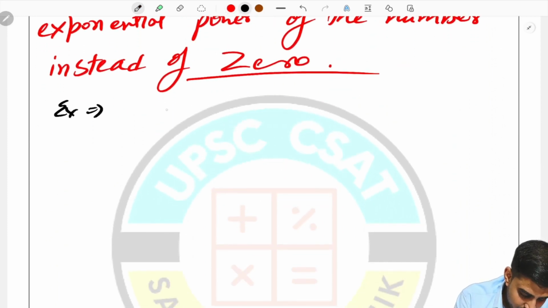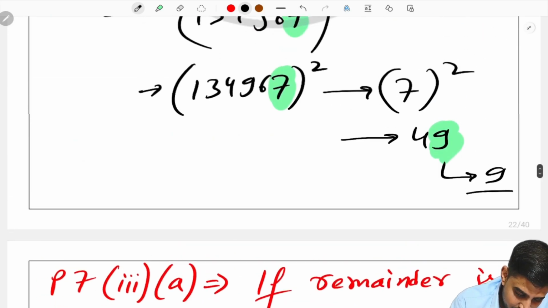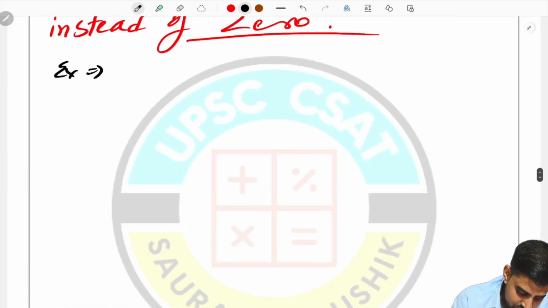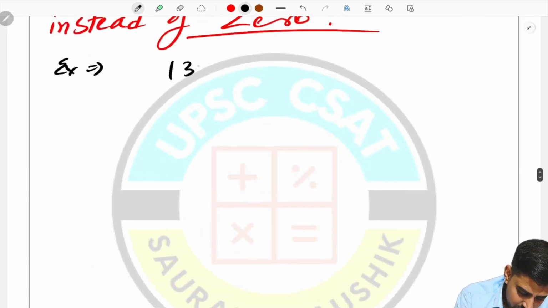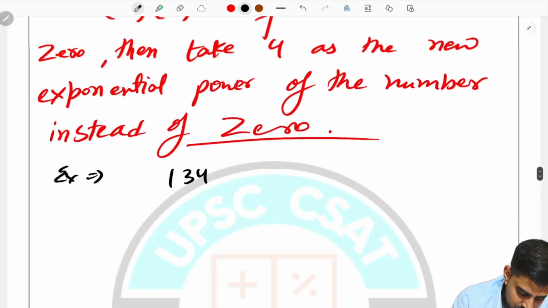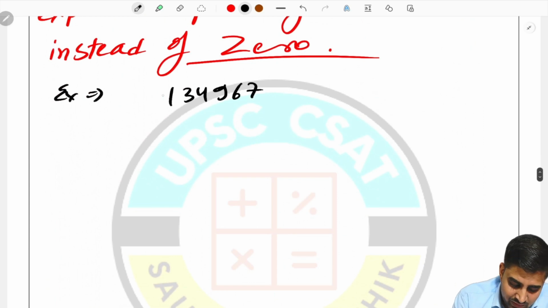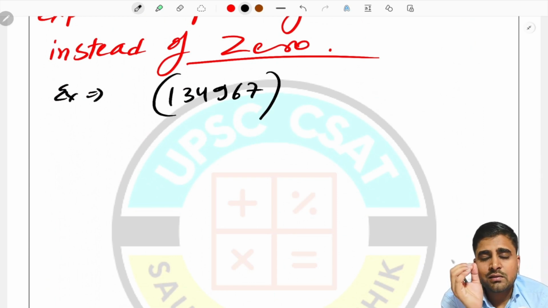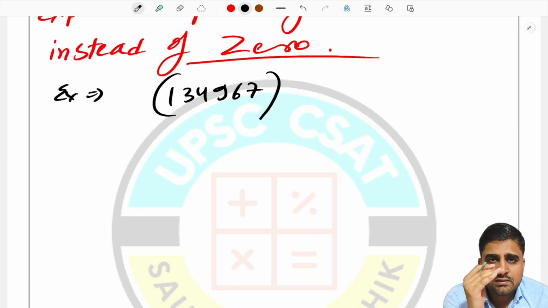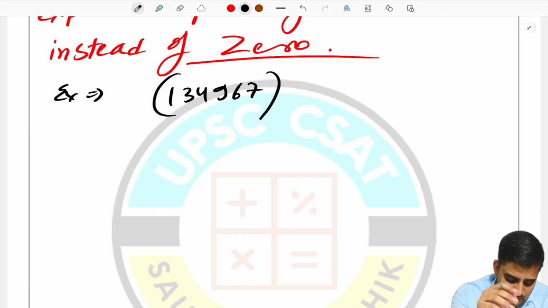Example: what was the number? 134967. I am taking the same number so you can understand that nothing is changed, just the power is changed, the situation is changed, nothing more than that.